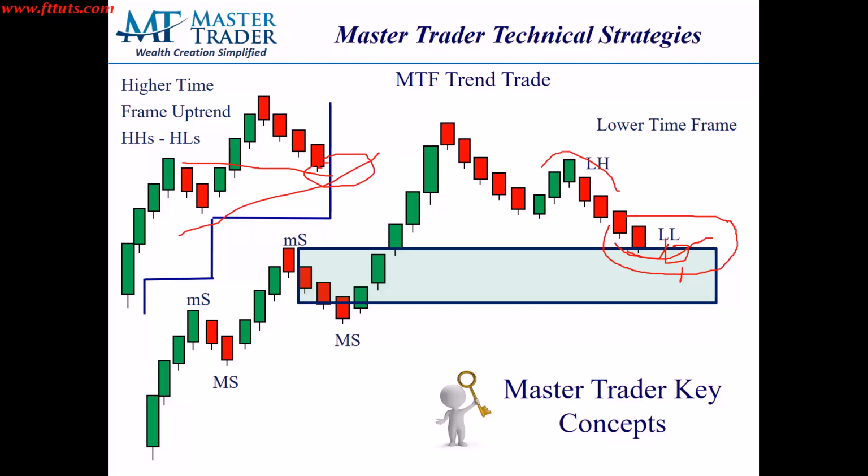I'm anticipating this being the lower low and then the reversal, which starts to move up. It'll probably stall here because that's resistance, but then it'll continue to move up because the higher time frame is in an uptrend.